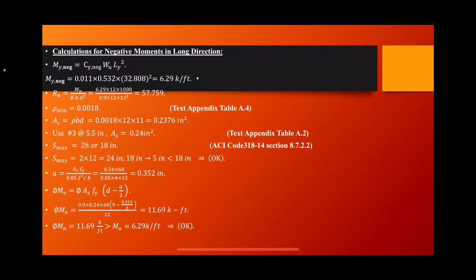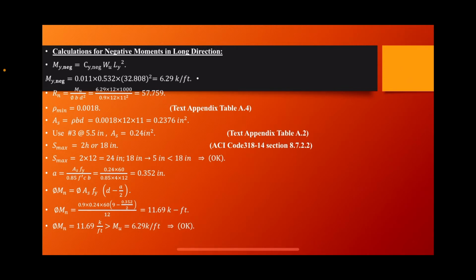Then we do the procedure for the negative moment in the long direction. We calculate the negative moment in the long direction, then we calculate the Rn to get the rho minimum. We get rho minimum because the Rn is less than 106. Then we calculate the area of steel required. We got 0.2376 square inches.